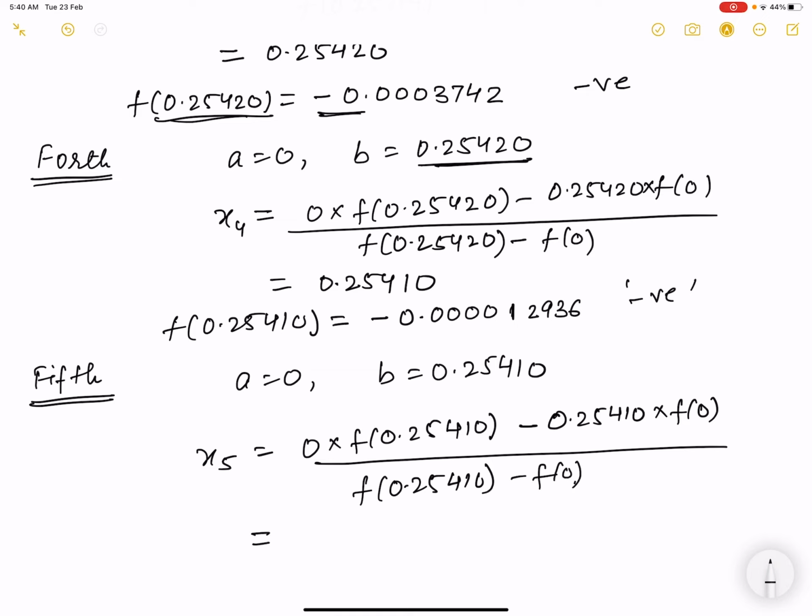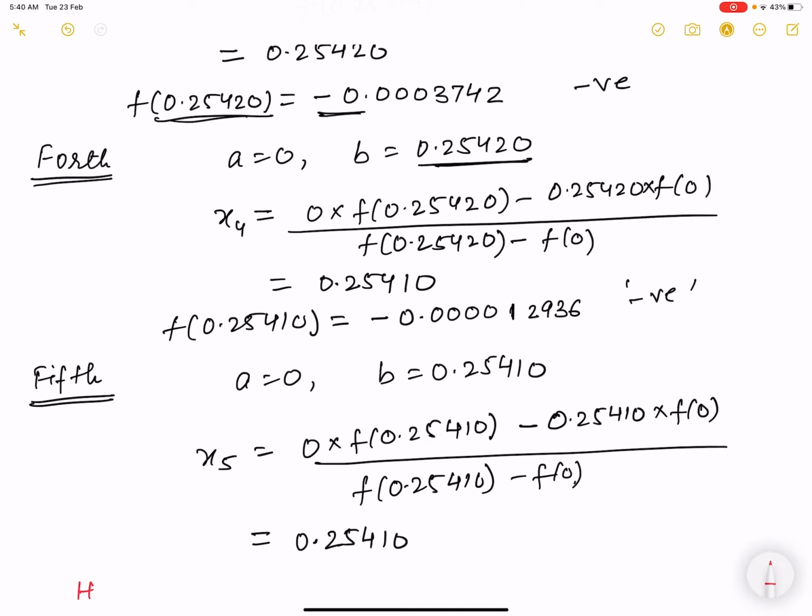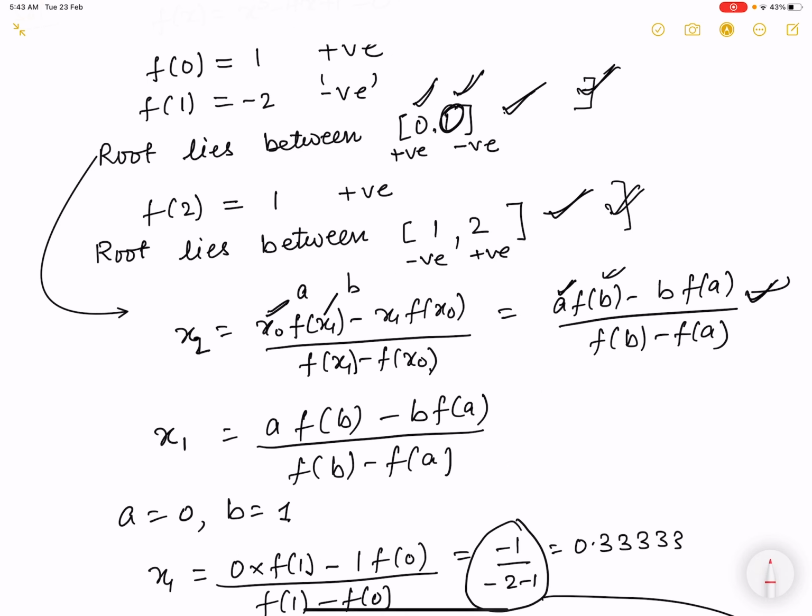When you calculate this, you will again get the value 0.25410. Hence, we may conclude that the root is 0.25410.